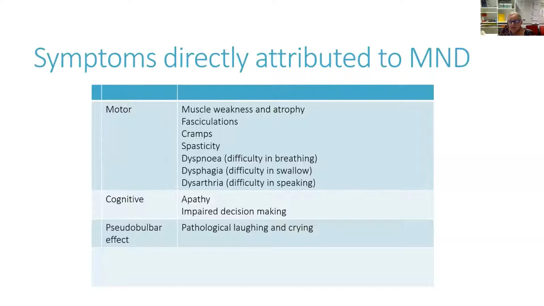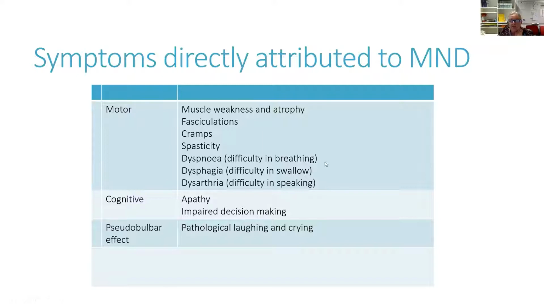If we look at your motor symptoms, so your muscle weakness, the fasciculations, those tiny little movements that you see under your skin, cramps, spasticity, problems with breathing, problems with swallowing, problems with speaking. And of course, not everyone gets these symptoms, okay? Each person is individual and may have some of these symptoms or may have all of these symptoms.